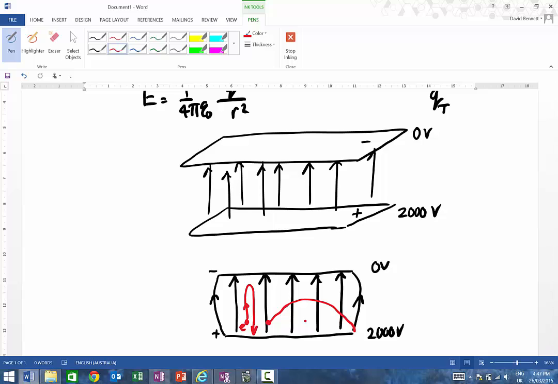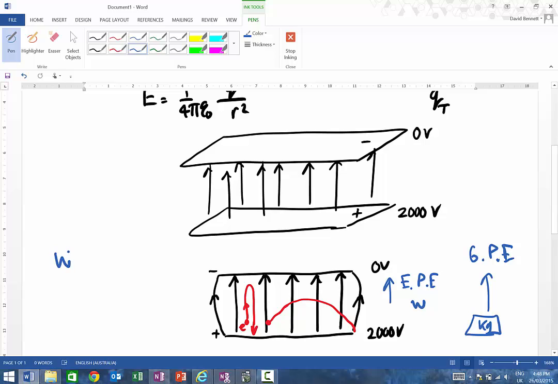If we talk about gravitational potential energy, we move a mass from a particular height upwards, and as we move that upwards, it gains gravitational potential energy. Here, as the electron moves upwards, it gains electrical potential energy. Energy is the work, so work and energy are the same thing.